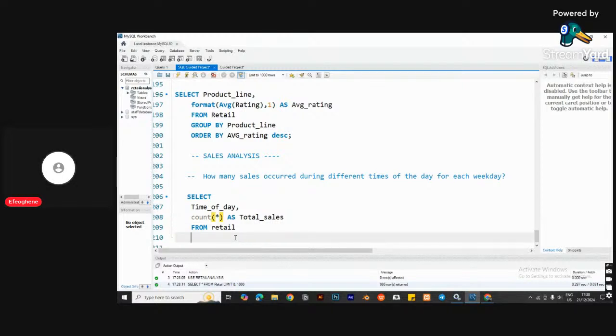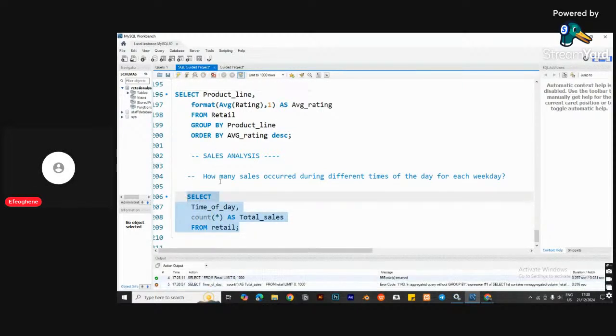And then we use the GROUP BY, because after we must have counted all of this, we have to group it into different days. So we say group by the time of day.